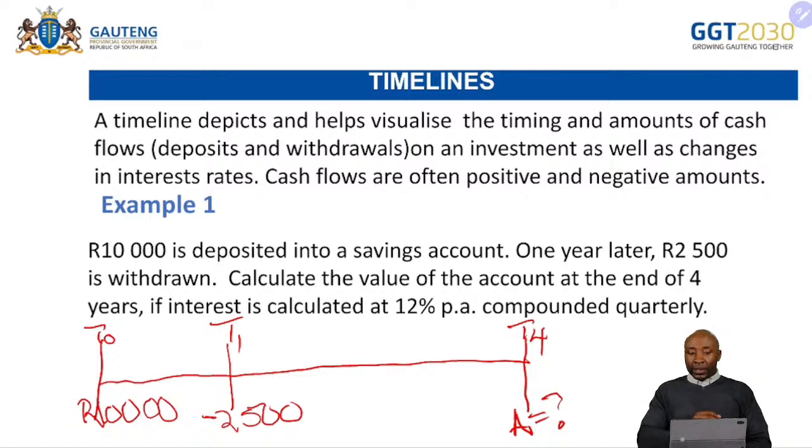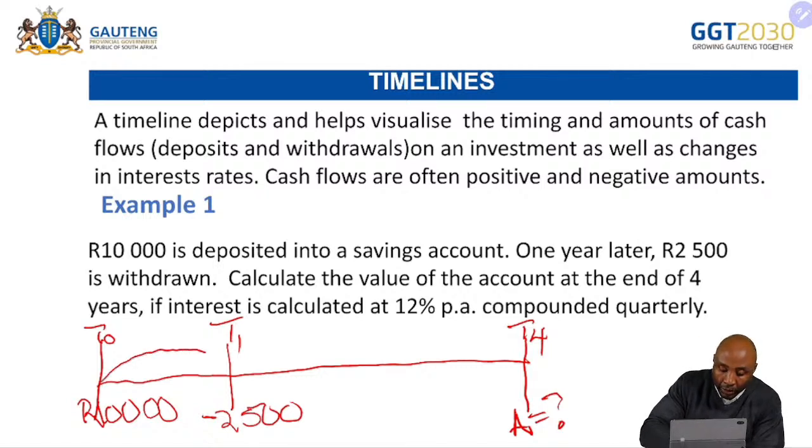So I'm able to see that this 10,000 is going to accumulate interest for 1 year. And then the 10,000 plus the interest will give us the total amount at the end of year 1. Then we are going to take out the 2,500.